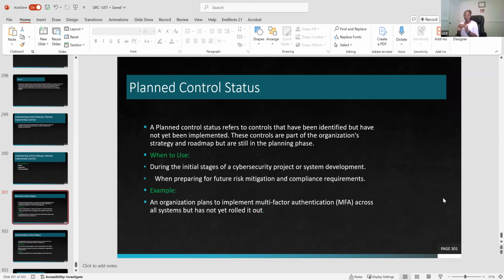These controls are part of the organization's strategy and roadmap, but are still in the planning stage. Remember, at this point, this is a new system. You've identified all your baseline controls, you identify all the control types, and then you also start developing your SSP. Then you also need to document a control status. So at this point, they are all planned.